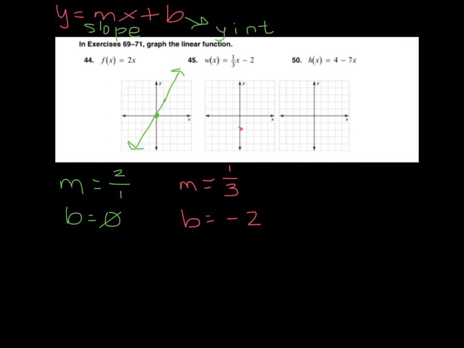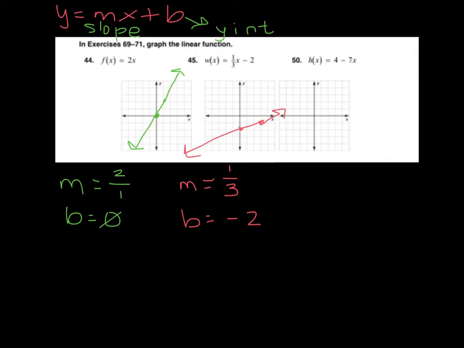That tells me how many to rise and run from the point on my y-axis. So I rise 1 this time, and I run 3 to the right, and I put another point. Then I draw a line. You need at least 2 points in order to graph a straight line. Notice that this line is less steep than my first line because my slope is a fraction.